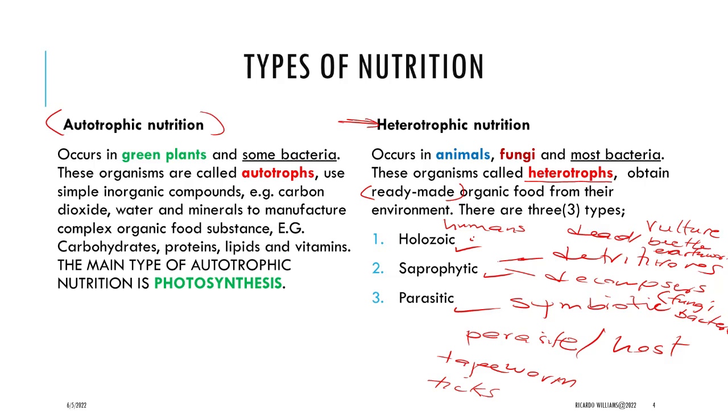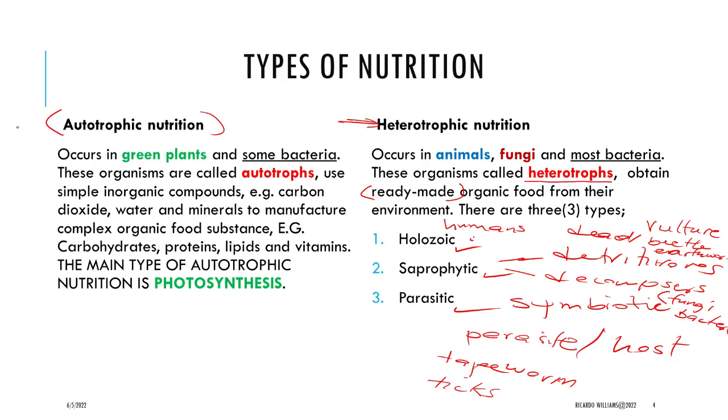We don't wait on it to die. So holozoic nutrition is a process of consuming and breaking down the food and absorbing the nutrients from it. That is what heterotrophic nutrition is about: organisms obtain the food ready-made. It doesn't have to go through any process. They just consume it, right?